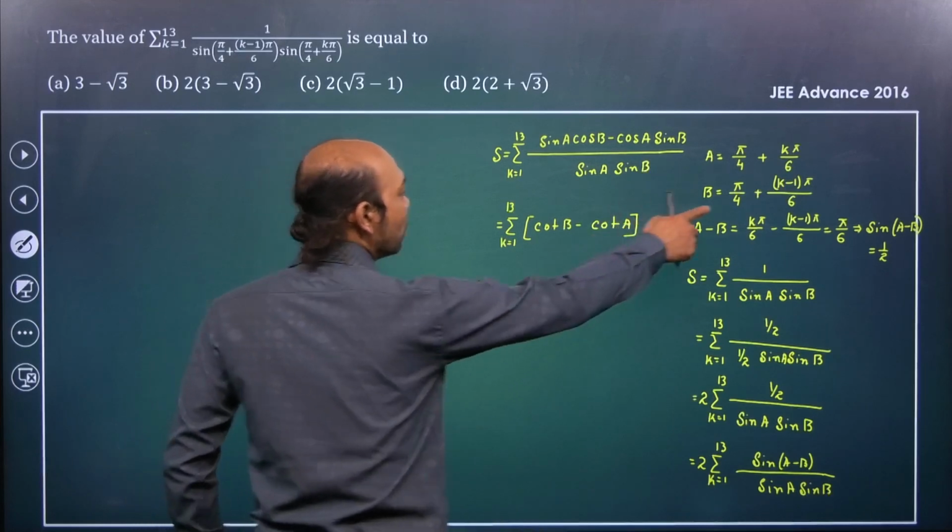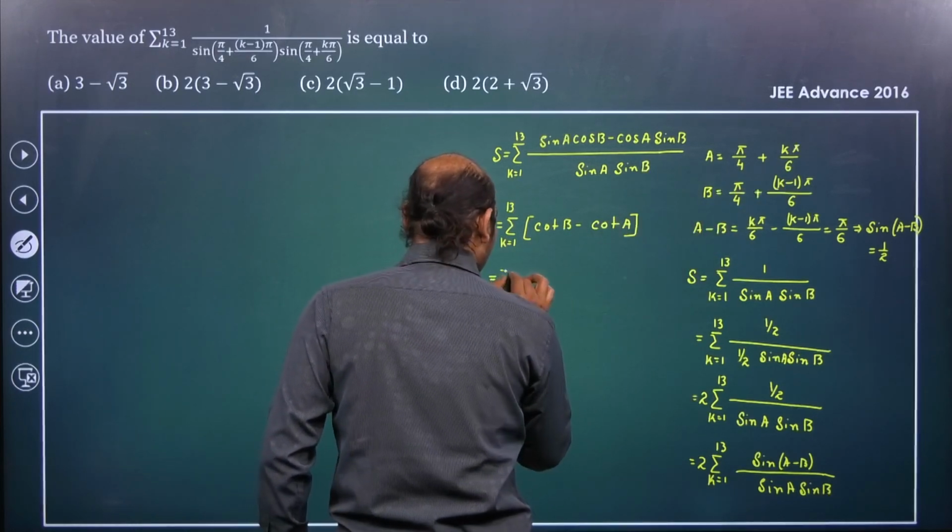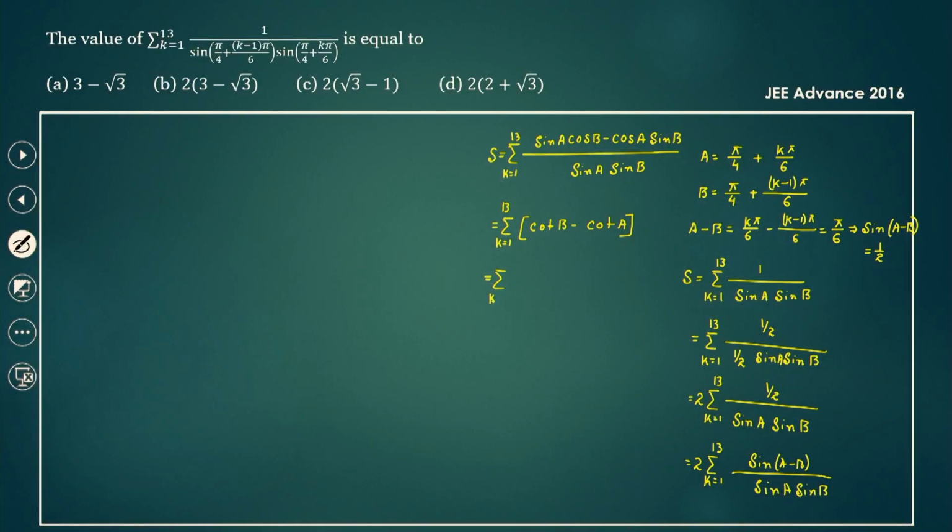Let's put that formula here. So we have summation k equal to 1 to 13 of cot B, that means cot of (pi by 4 plus (k minus 1) pi by 6), minus cot of (pi by 4 plus k pi by 6).